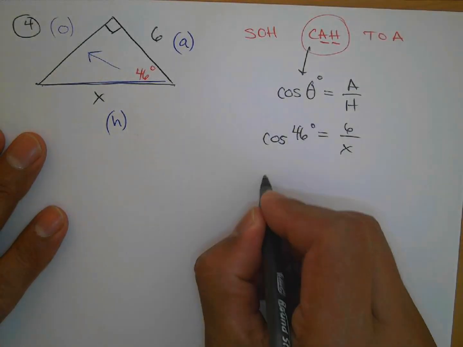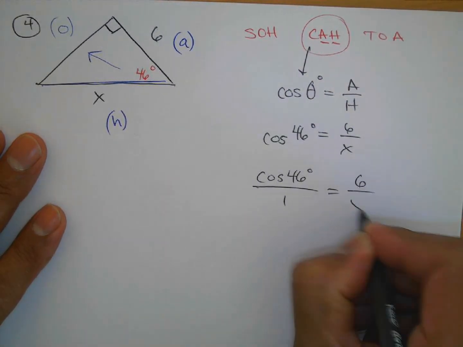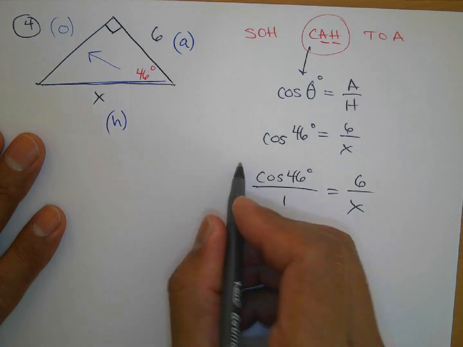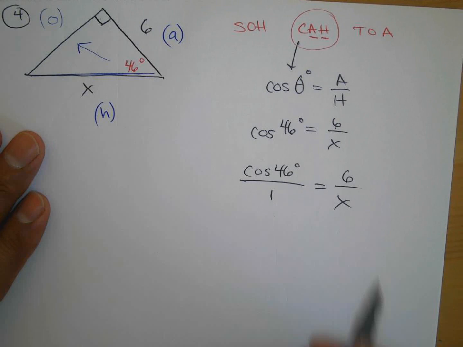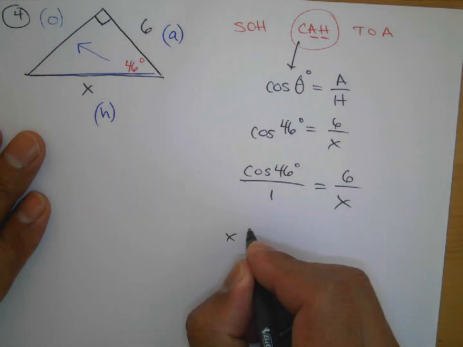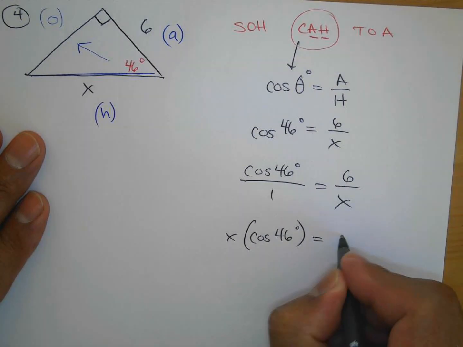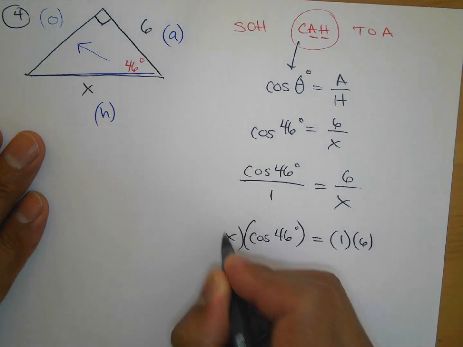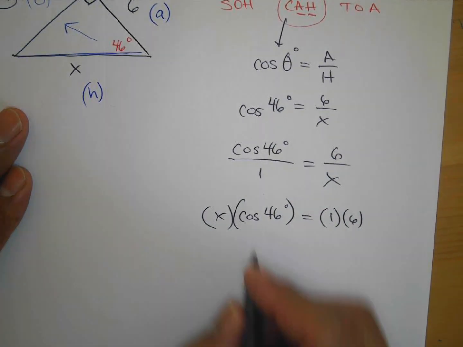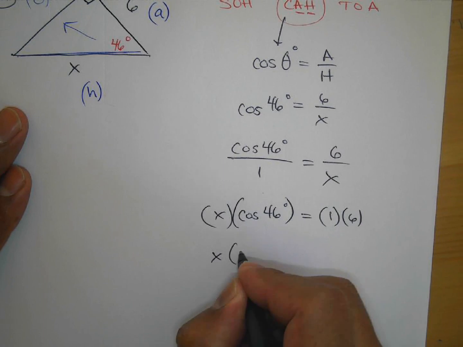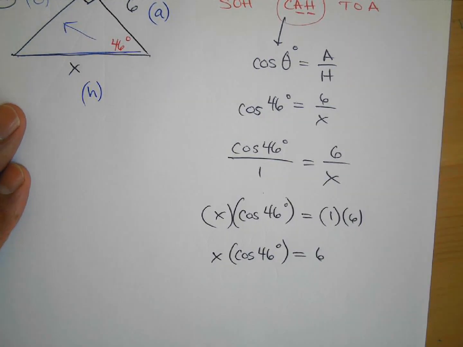Actually, no, don't cross multiply yet. Make sure you see a proportion first. Then we cross multiply. I put a 1 under it. You see a fraction equal to a fraction. Cross multiply: x cosine 46 equals 1 times 6, which is 6.